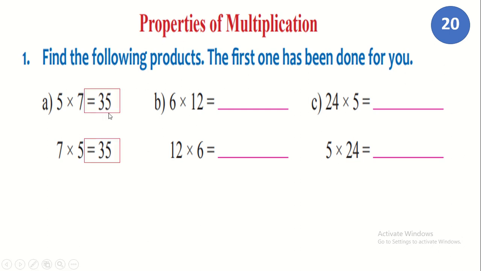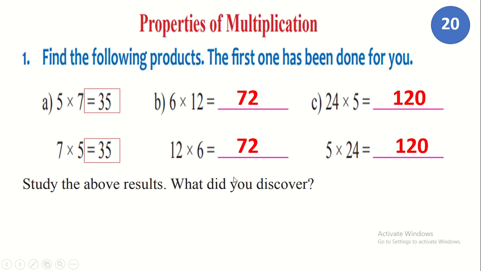Letter B is 6 times 12 is 72. 12 times 6 is 72. Correct, students? Letter C. 24 times 5 is equals to 120. 5 times 24, 120. Correct, students?